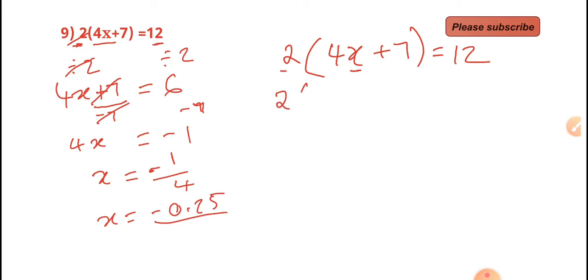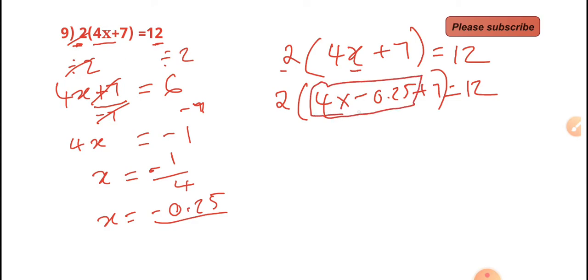So 2 times 4 times negative 0.25 plus 7 is equal to 12. First of all, we need to find out what 4 times negative 0.25 is. Well, 4 times a quarter would just be 1, but because it's negative 0.25, it's going to be negative 1.